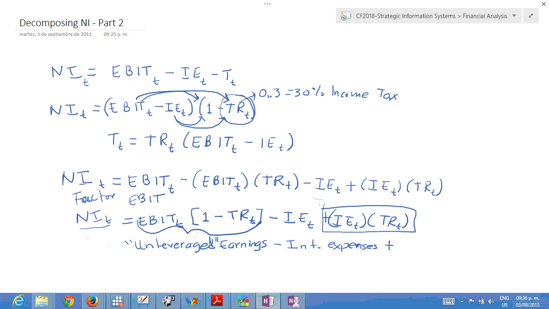This is basically the benefit that comes from paying interest. This is called the tax benefit of leverage, of financial leverage. Here is what is very, very interesting that we will review in the next video.